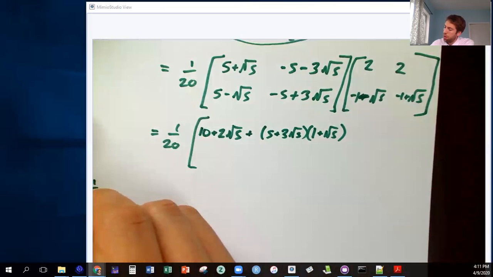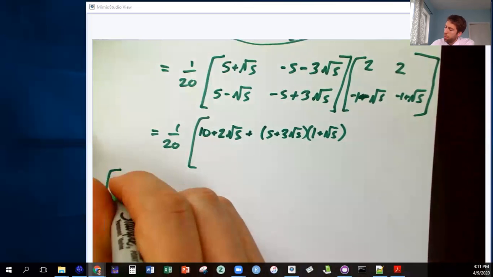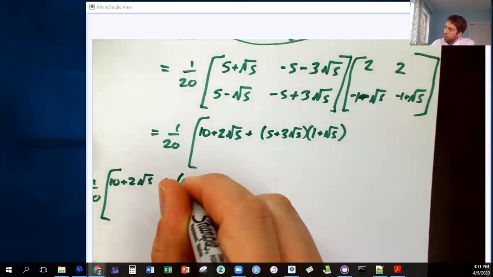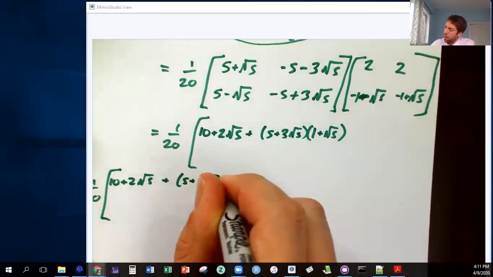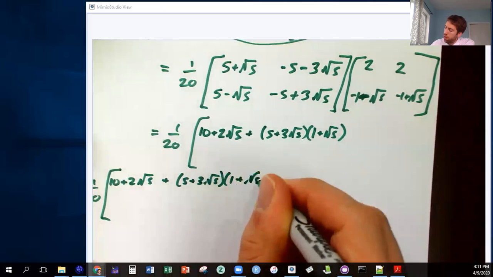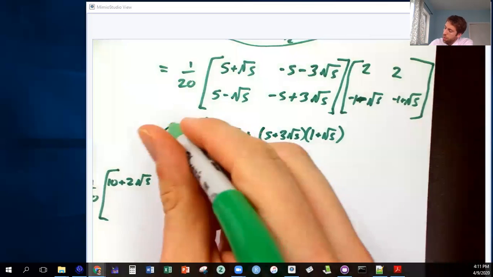More room. All right, 1/20, so 10 plus 2 square root of 5 plus 5 plus 3 square root of 5 times 1 plus square root of 5. All right, and then the term in the first column, second row. So forget about this.